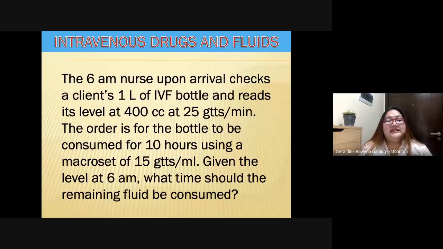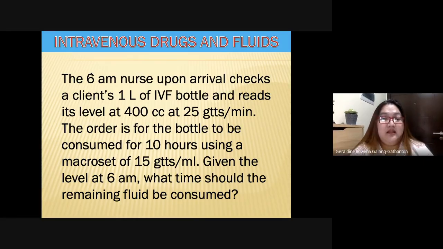Given the level at 6 a.m., what time should the remaining fluid be consumed? So, simple lang. 6 a.m. nurse ka. Pagpasok mo dun sa room ng patient mo, chinek mo yung level ng IV bottle at gano'n na siya kadami na lang, 400 ml na lang.